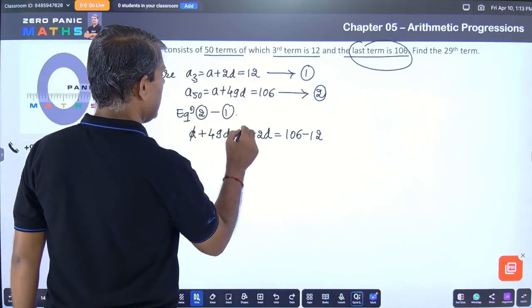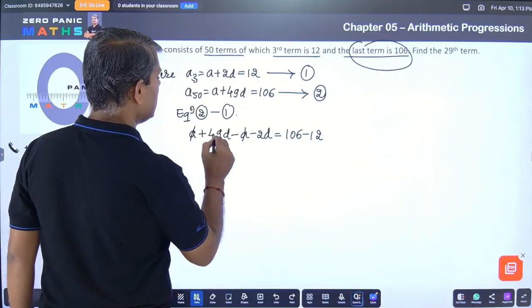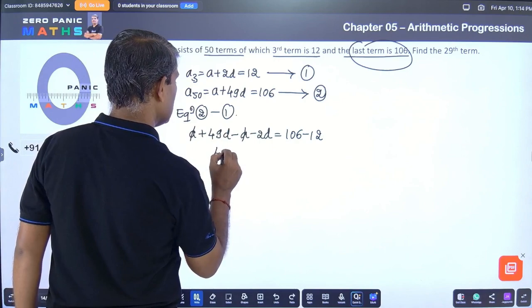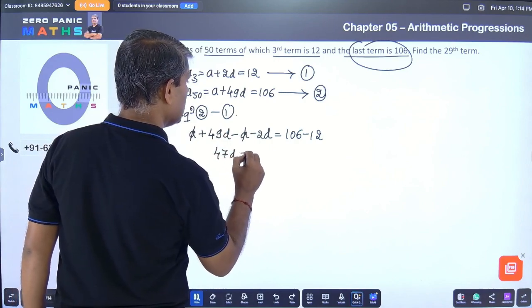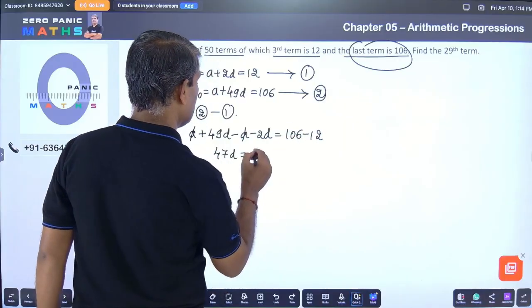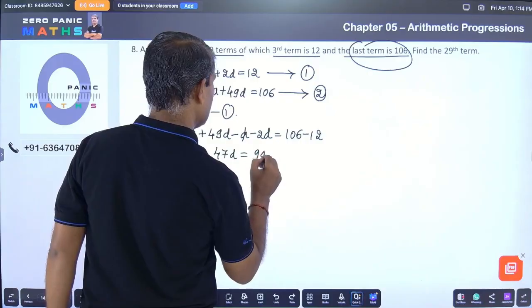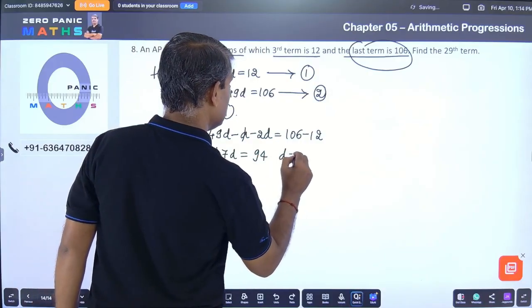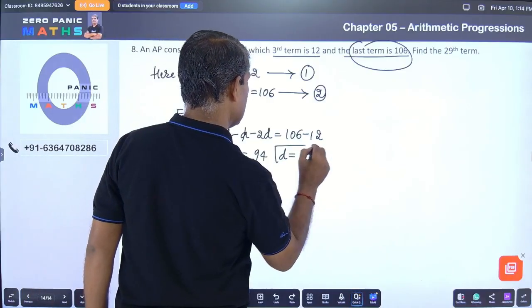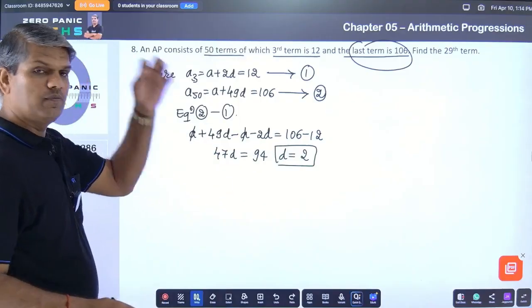So A minus A got cancelled, and 49D minus 2D, which is 47D, is equal to 106 minus 12. What is that? 94. So what is D? D is equal to 94 divided by 47, that is 2.